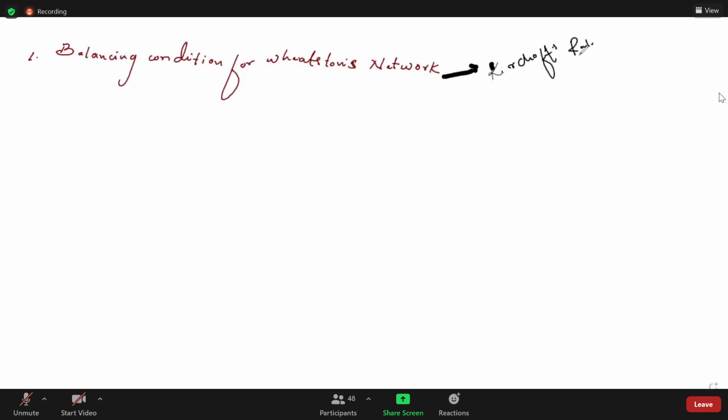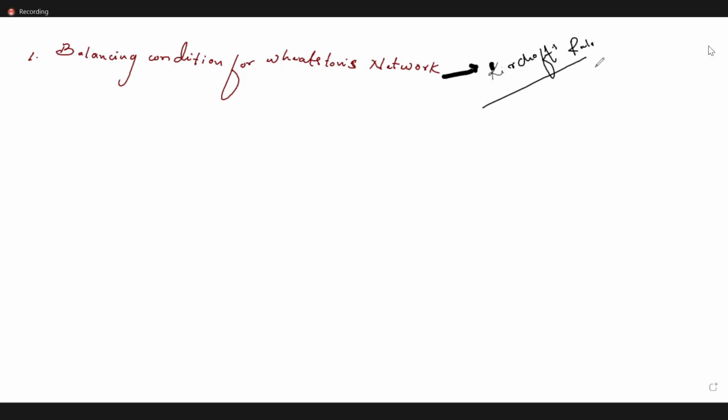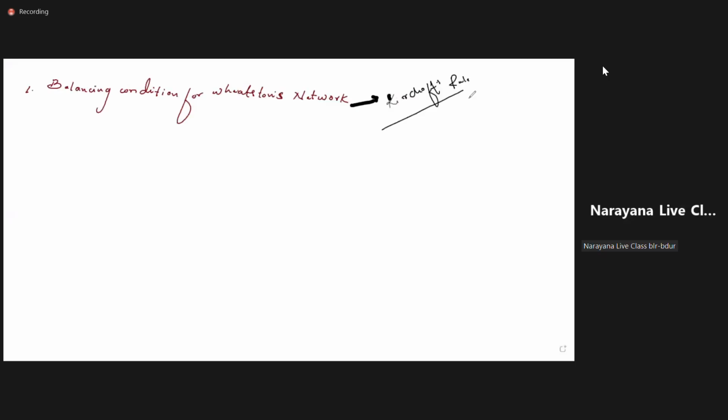Do you know the Kirchhoff rules for the electrical network? The first is the junction rule, the second is the loop rule. Tell me the junction rule.